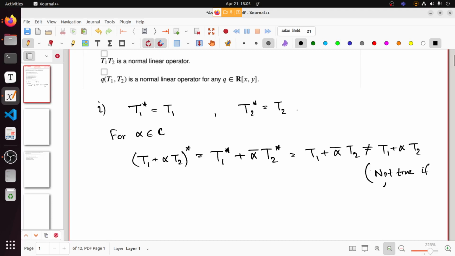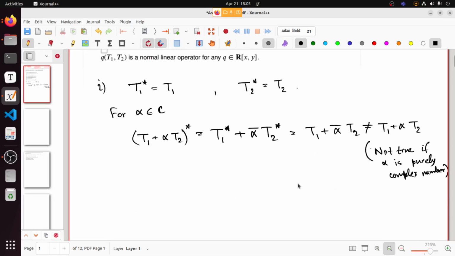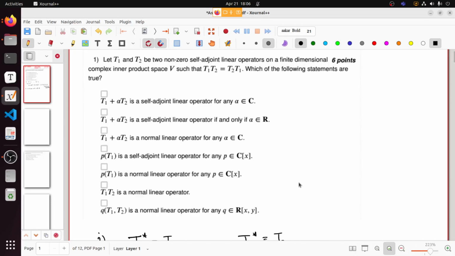If alpha is a complex number with an imaginary part, this is not true in general, means this is not self-adjoint. So T1 plus alpha T2 may not be self-adjoint. So the first option is false.